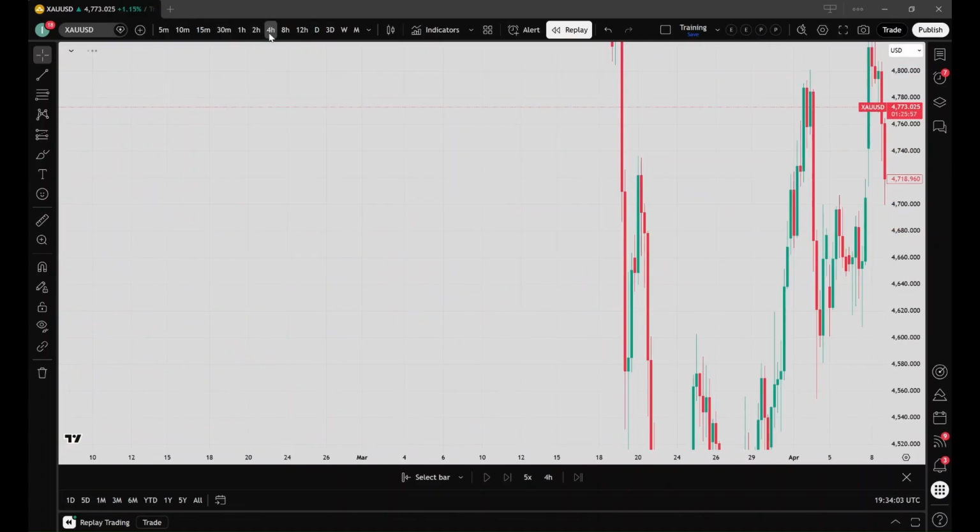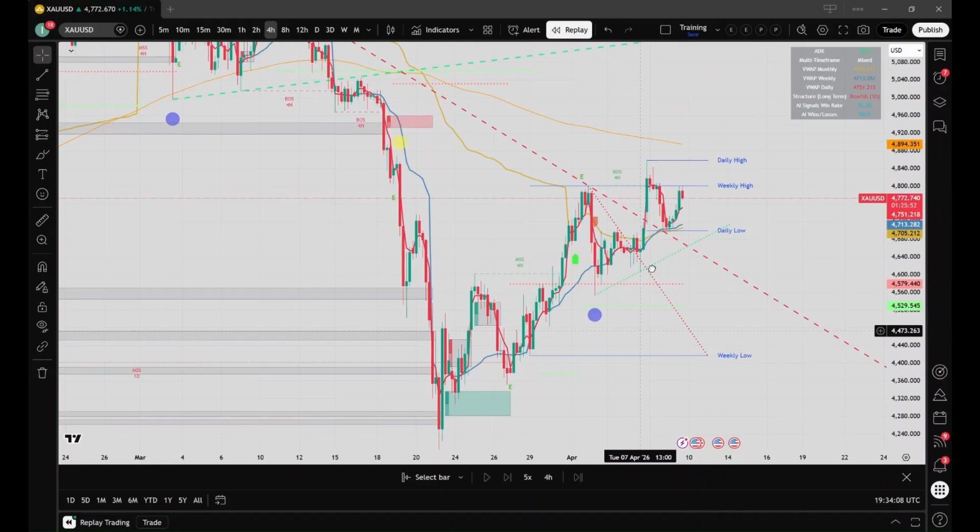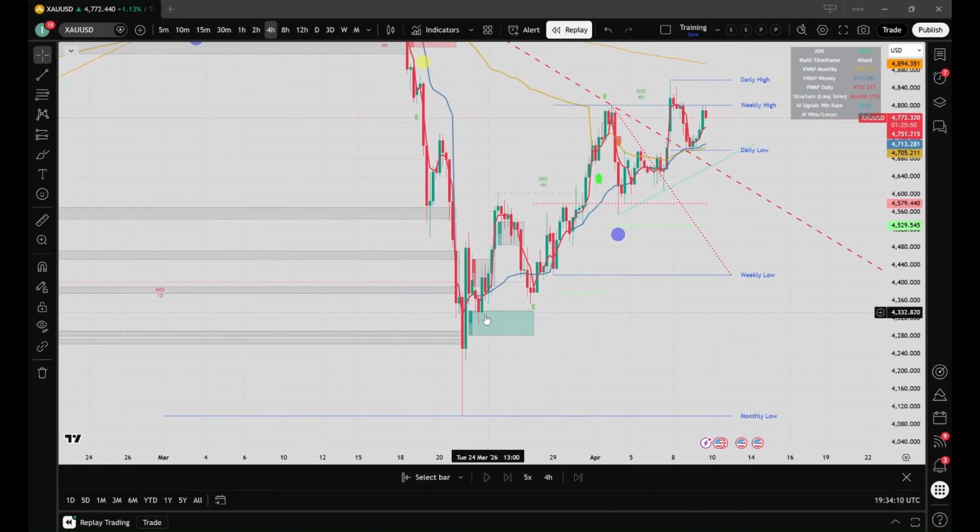But we need to zoom out to get a better idea of the context here. So I'll switch to the 4 hour chart. The very first brain zone that was created was actually here. This is the key one. Every single one that is created after is more likely to be mitigated.